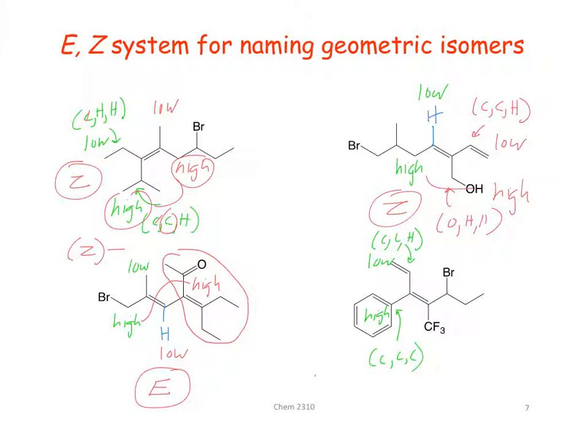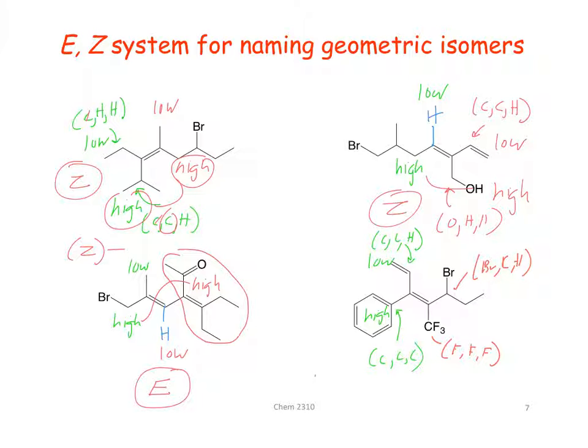Okay, remember, take it one atom at a time. So we start here, carbon, carbon, right? Tie. So then we look at what's attached to that position. This position has 3 fluorines attached. All right. This position has a bromine, a carbon, and a hydrogen.